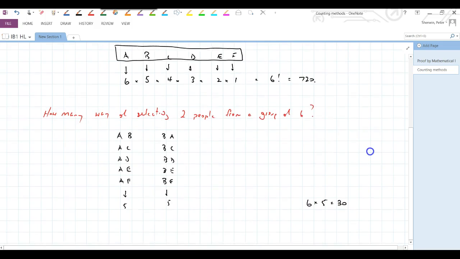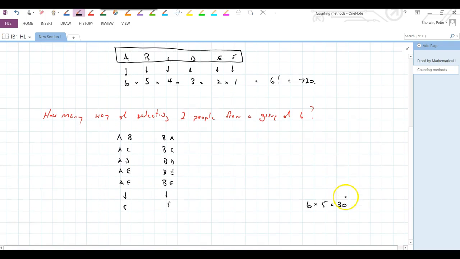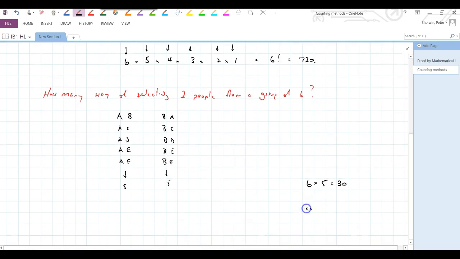But in fact we could say that's equal to 6 factorial, which is 720, divided by 4 factorial, which is 24. So that's 720 over 24, which is 30.